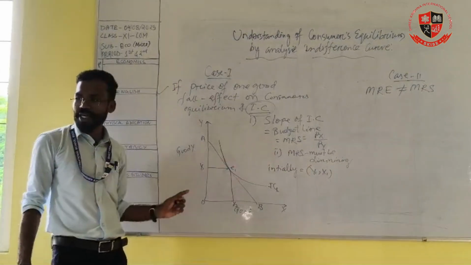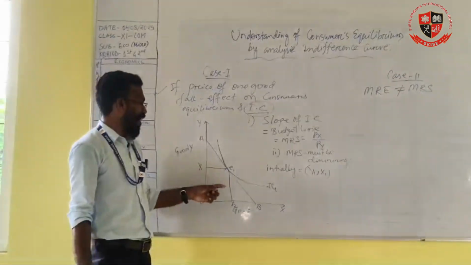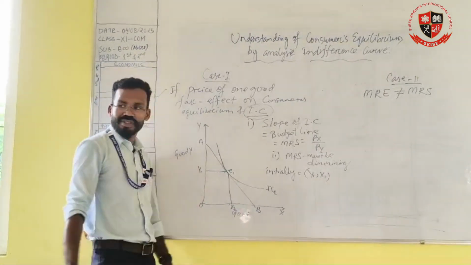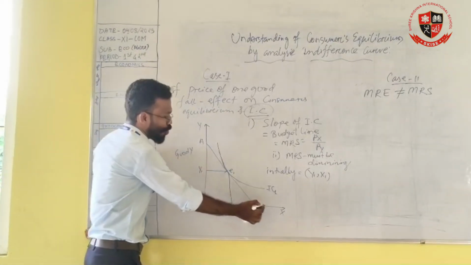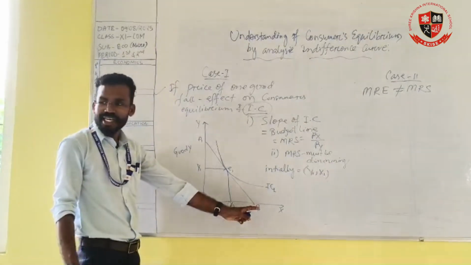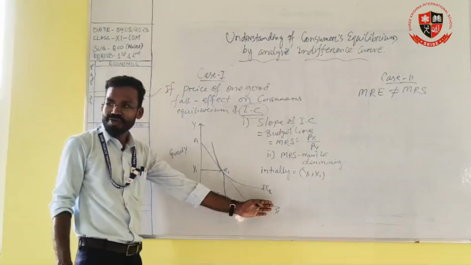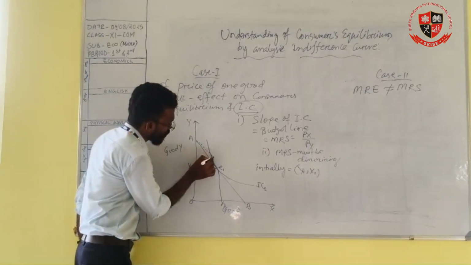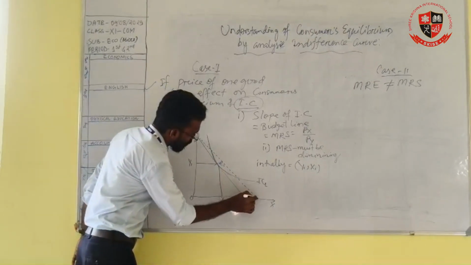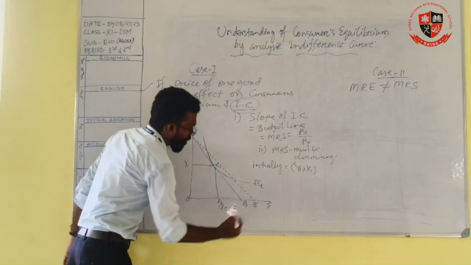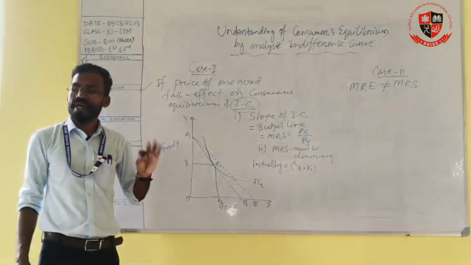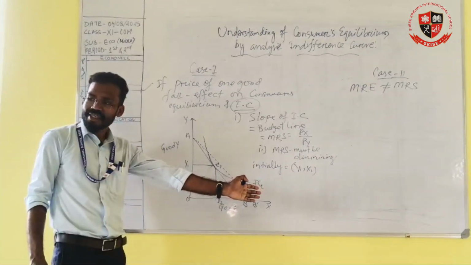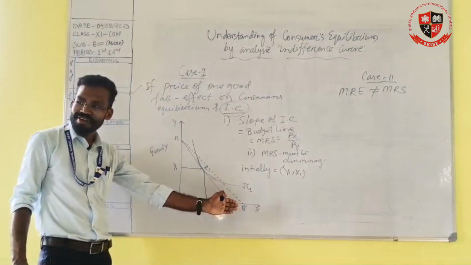This is without changing the price. Suppose now the price of good X changes, then what will happen? A new budget line will be created, or the budget line will shift to the right. When there is a decrease in price, the budget line shifts from left to right, which means a new budget line is created.